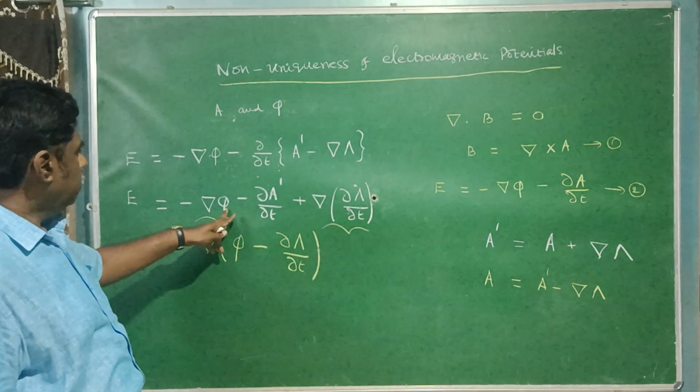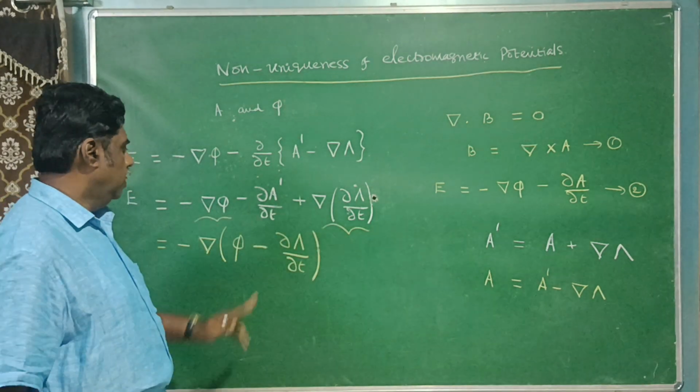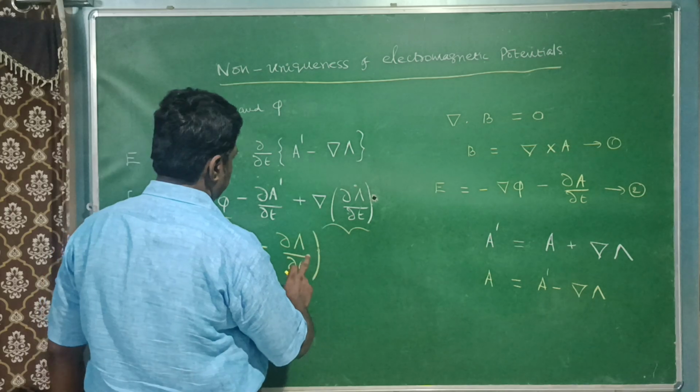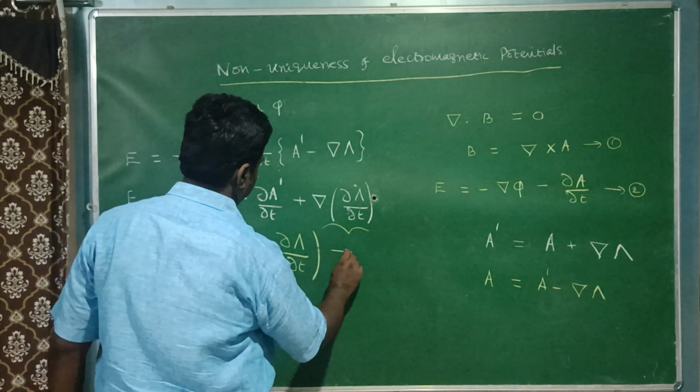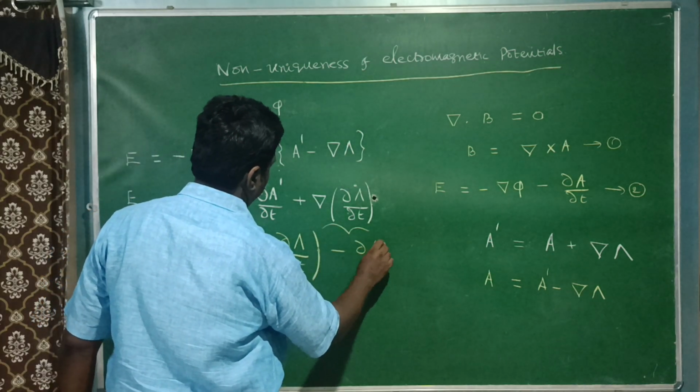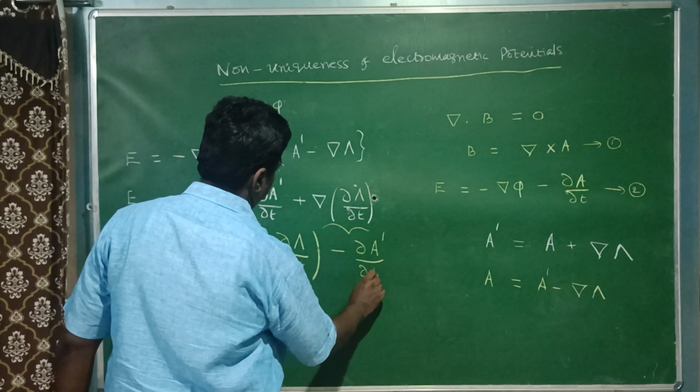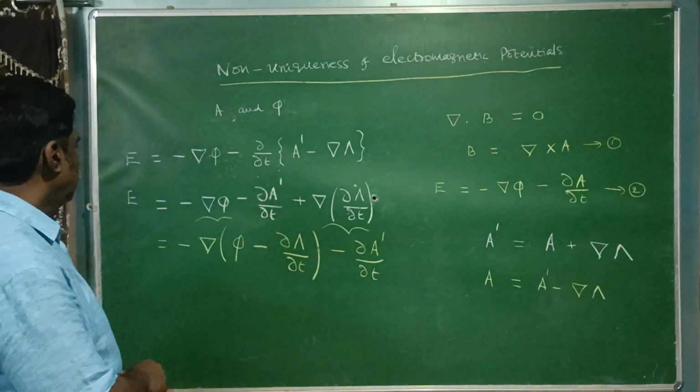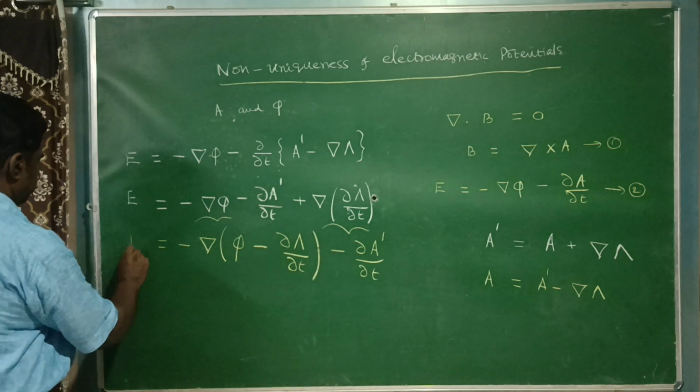Taking it outside, phi minus dou lambda by dou t. Then write down this term as such, minus dou A dash by dou t. This is E.